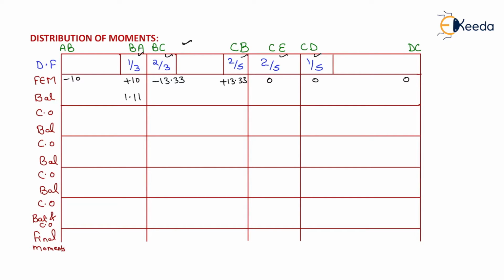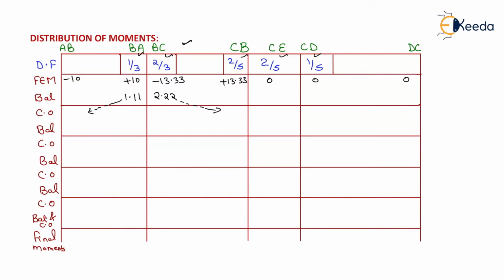Now if we distribute the applied moment 3.33 in the BC span, we need to multiply 3.33 by the distribution factor of BC, that is 2 by 3. We will get the value as 2.22. Now we need to transfer the carryover to the far end, that is AB as well as CB.